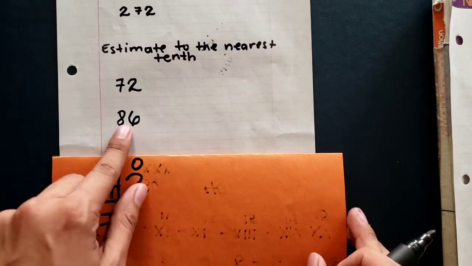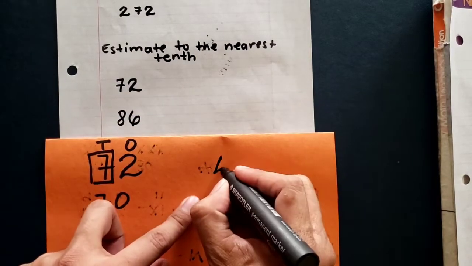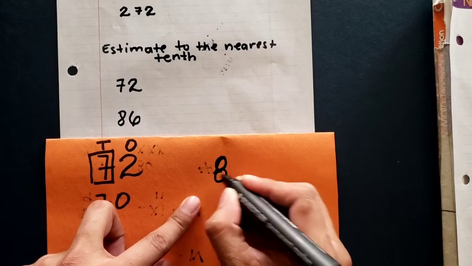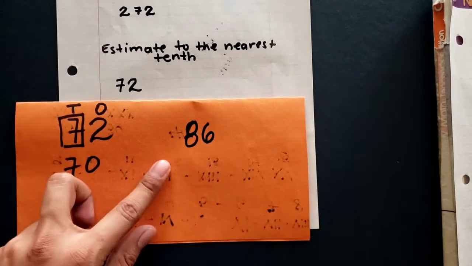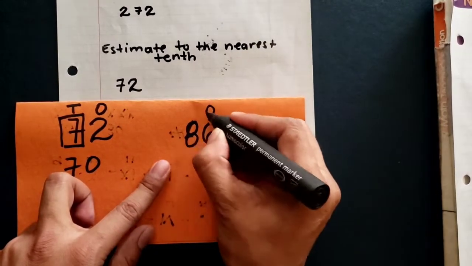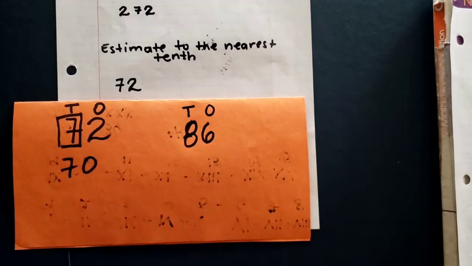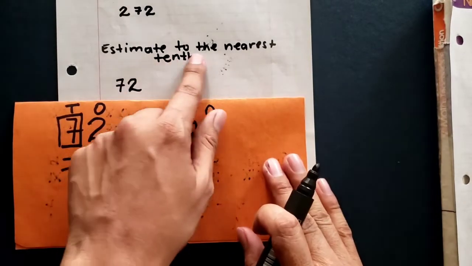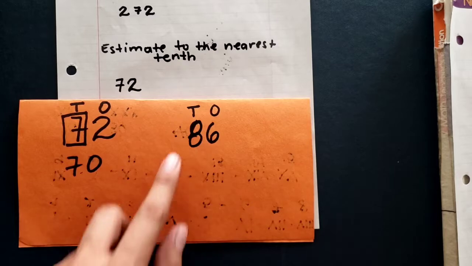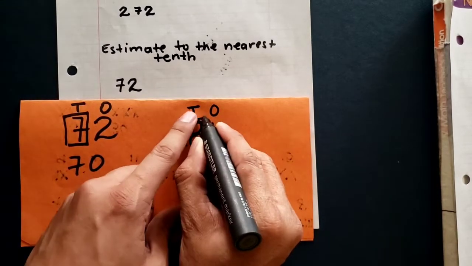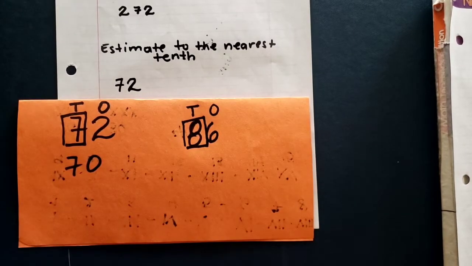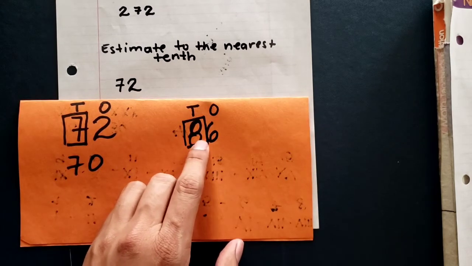Let's see the other one, 86. First of all, write the place value. 1, 10. Estimate to the nearest tenth. This is the one that I need, the tenth. After I know what number I need to change, I look at the next number.